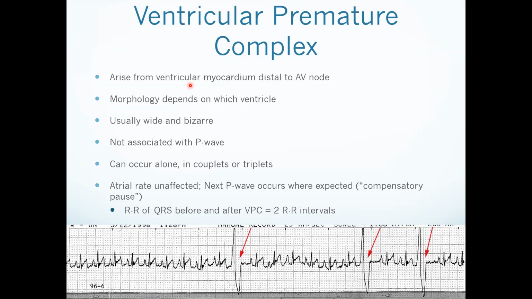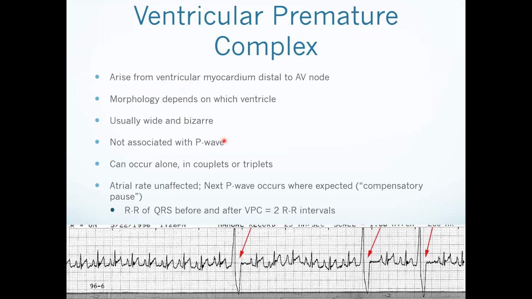So if a VPC is starting near the bundle of His, it's going to look relatively similar to the normal QRSs that are there. It's still going to be a bit wider and a bit bizarre, but as compared to a signal that arises from deep in the apex of the ventricle, that's going to look really wide and bizarre because it started really far away from the AV node.